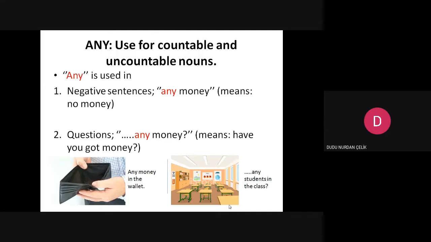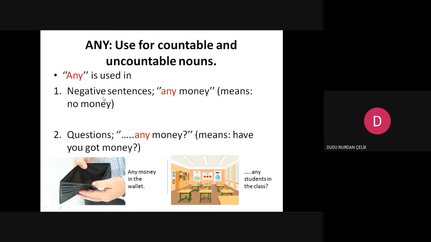Another quantifier, any. I'm sure you know the meaning of any. Any means no. And here, any is used for both countable and uncountable nouns also. Any can be used for singular and for plural nouns. And any is used in two different sentence forms.